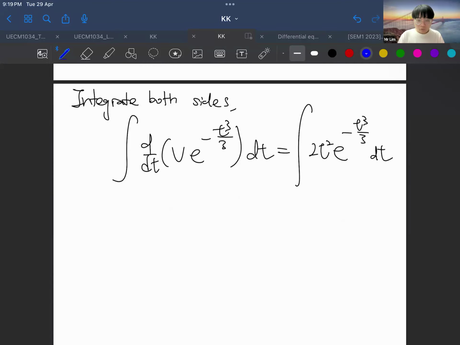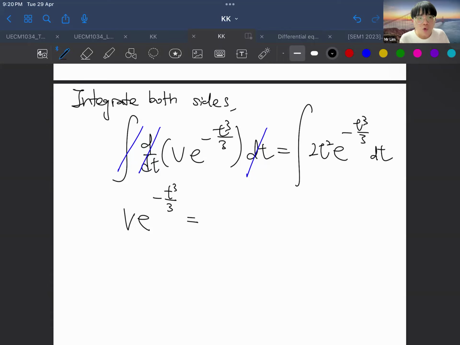Integration and differentiation will cancel each other because they are the reverse process of each other. So on my left-hand side, I only have v e^(-t³/3), which is v multiplied by the integrating factor. On the right, you really have to do this integration out.